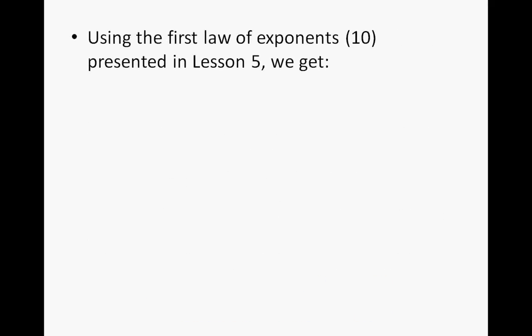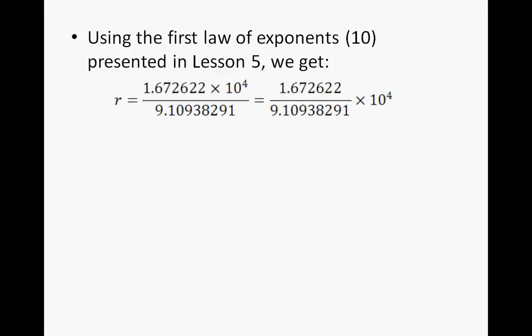Using the first law of exponents, which is our 10th equation from our previous lesson, lesson 5, we're going to get, again, the canceling out, and if you had negative 27 and a positive 31, that leaves you with a positive 4.